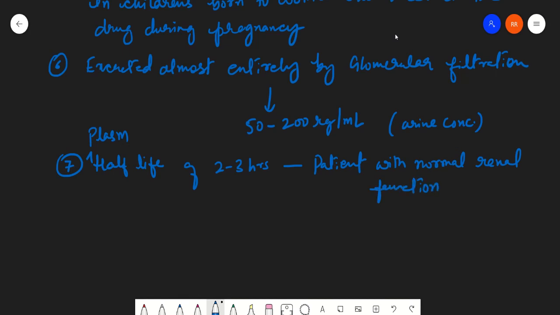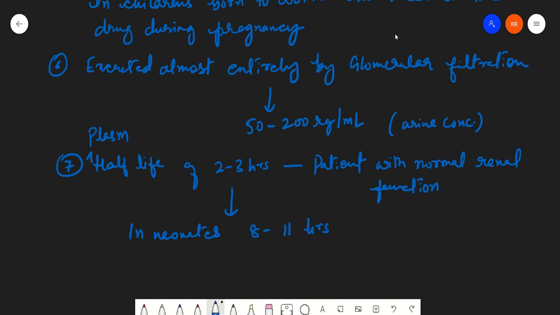But this plasma half life will be increased in neonates. In neonates, the plasma half life may be 8 to 11 hours.